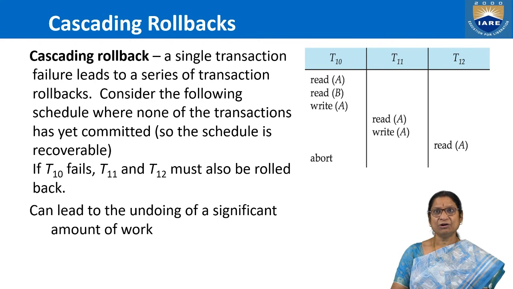If schedules are not recoverable, then whenever rollbacks happen, rollback means undo happens in any transaction because of any failure occurring in our system. That undo will be done by the system, the database management system.